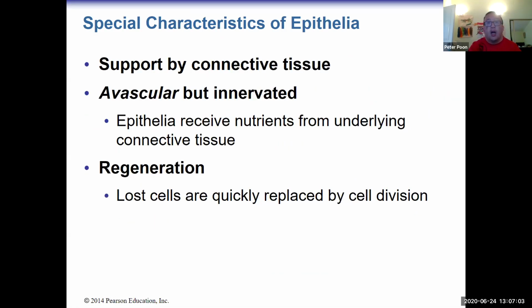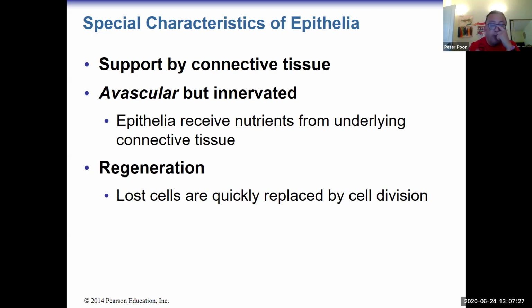Okay. The next thing is the epithelial will always be next to something called connective tissue. Okay, the epithelium, because it literally has cell after cell after cell, it has no room for blood vessels to run through. So it's going to be avascular.